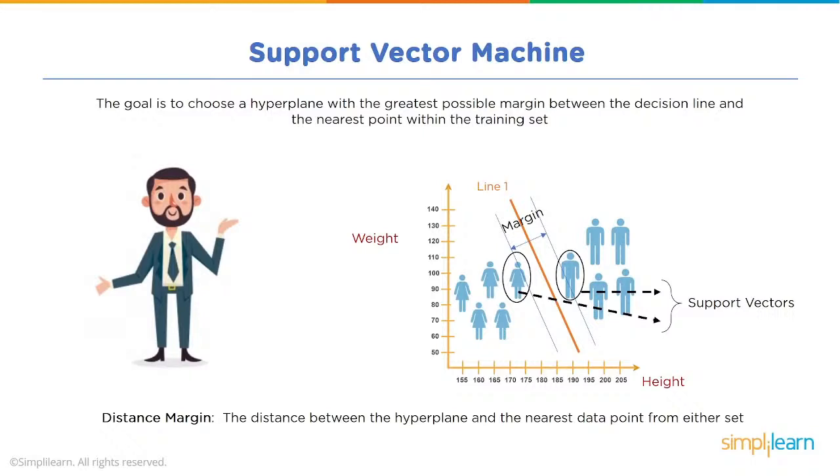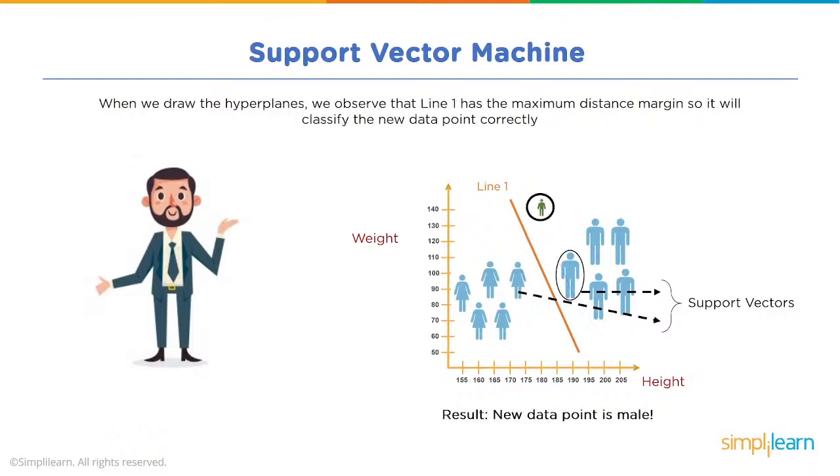And the distance margin is the distance between the hyperplane and the nearest data point from either set. So we actually have a value, and it should be equally distant between the 2 points that we're comparing it to. When we draw the hyperplanes, we observe that line 1 has a maximum distance margin, so we'll classify the new data point correctly. And our result on this one is going to be that the new data point is male.